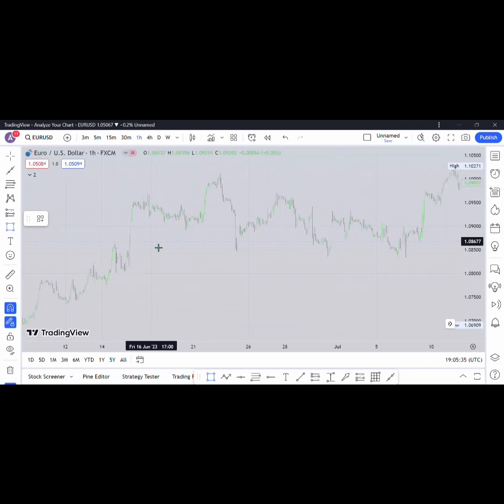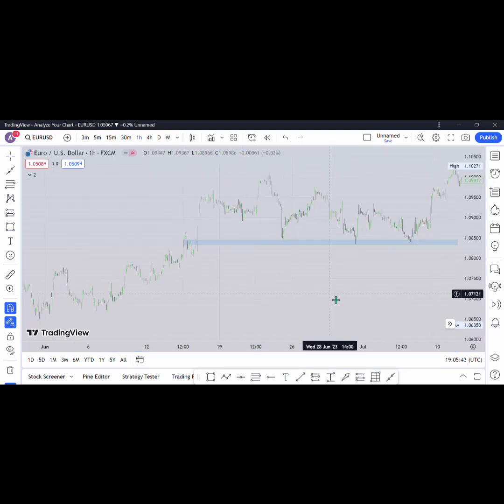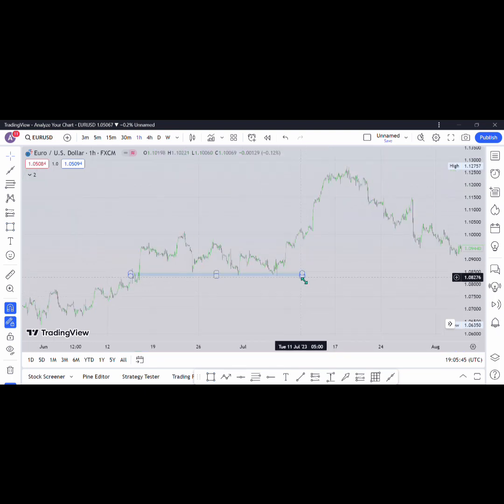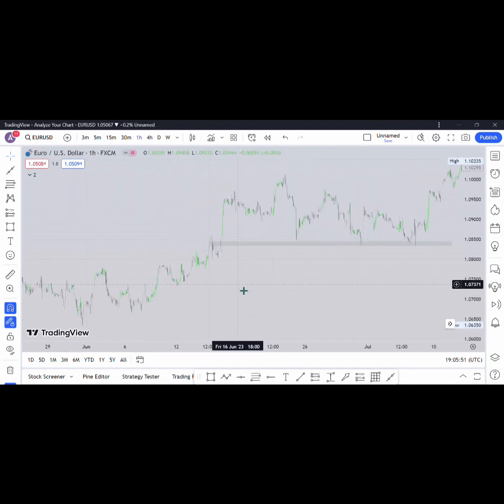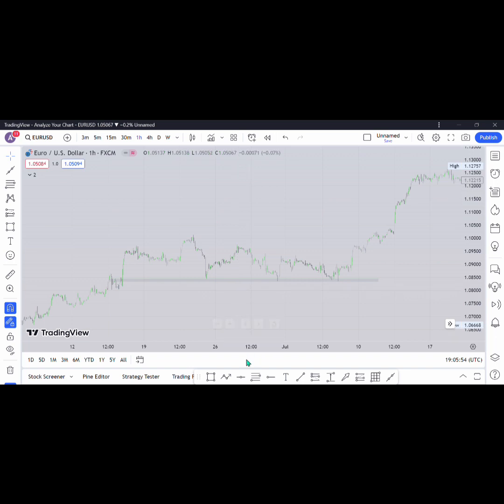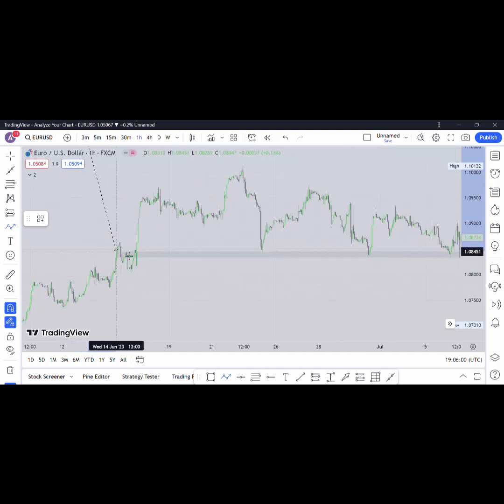Alright guys, now watch how I do this and just flow with the class. So now I have my support coming from here. Let me make this line black. Alright, support right here. How do I know this was some support? First of all, I have price reacting right here. This was a reaction from here.